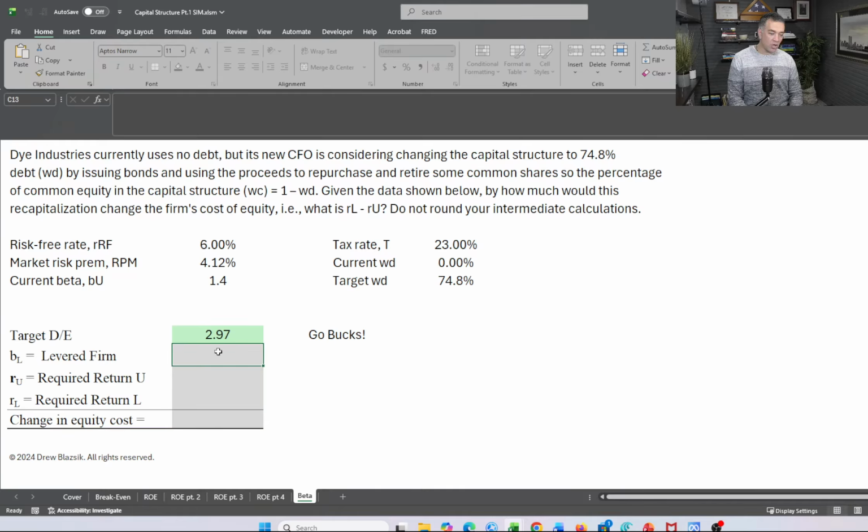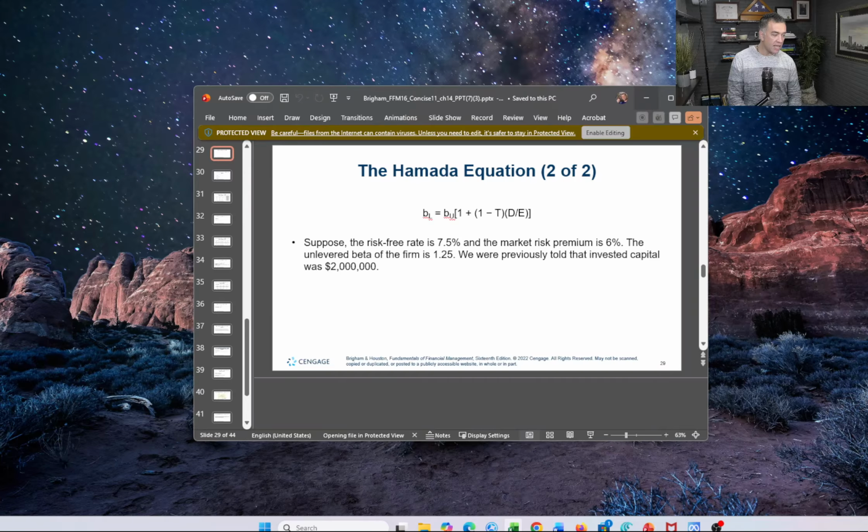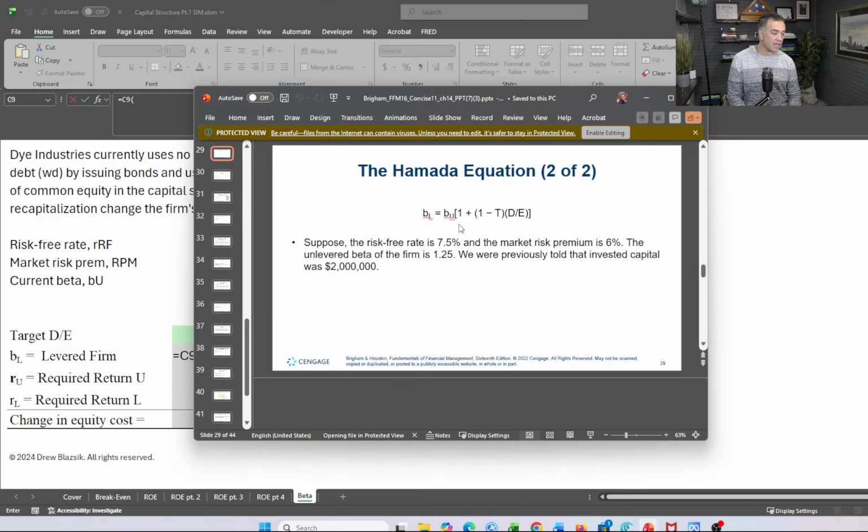Now what we want to know is what's the levered beta? Well, there is an unlevered beta of 1.4. So we're going to go equal, and it's this unlevered beta. So the levered beta will equal the unlevered beta, and I'm going to multiply that times. When you do these, you got to always make sure that the bracket is correct.